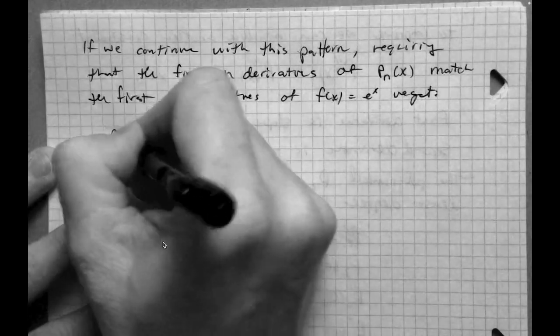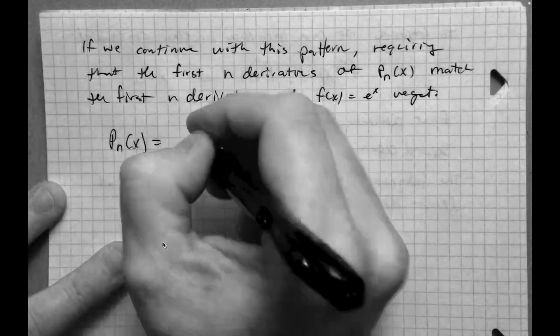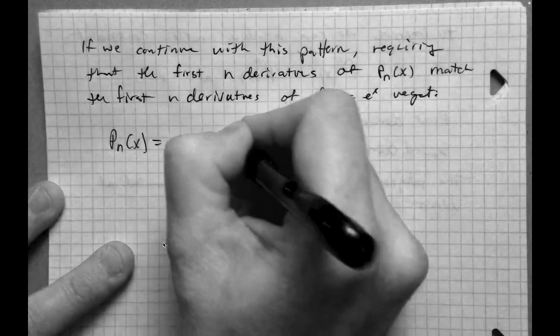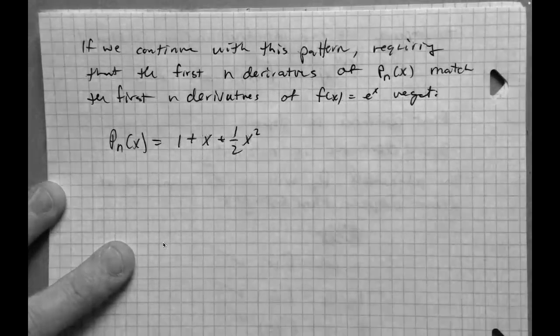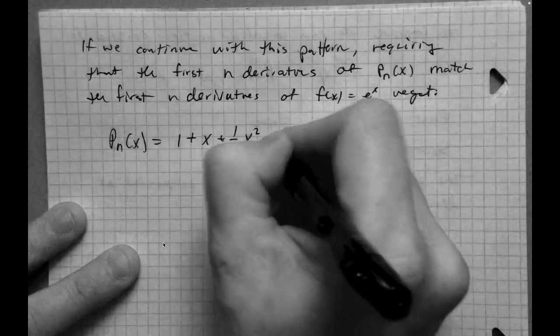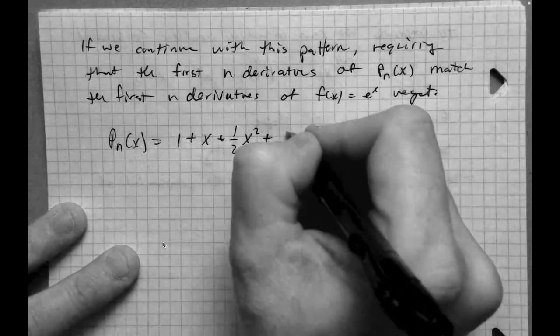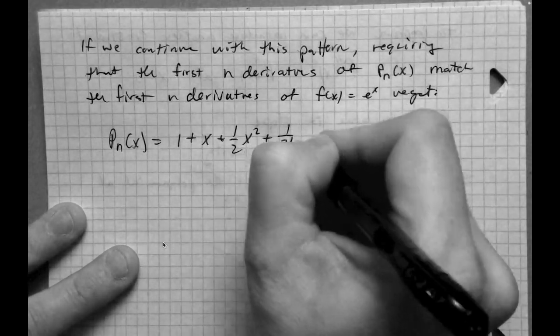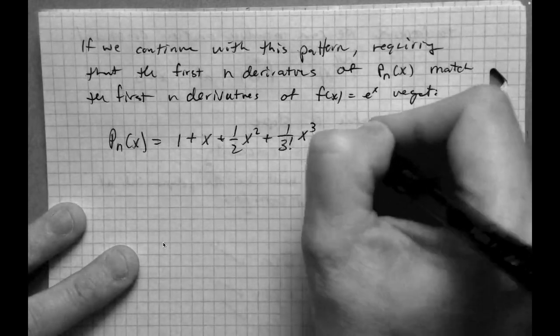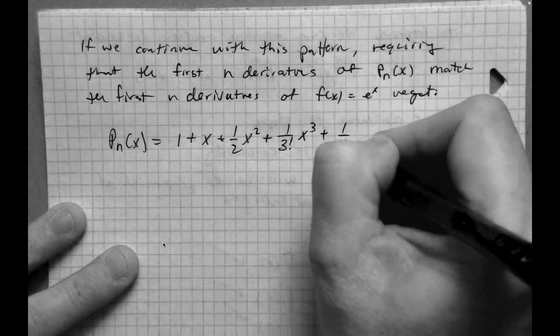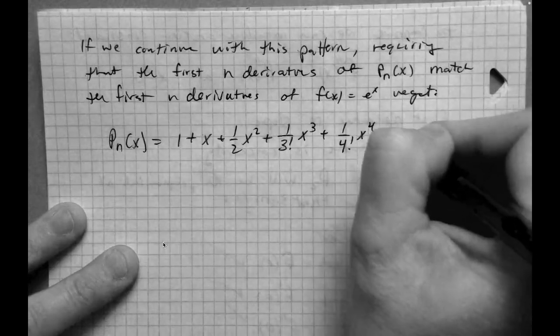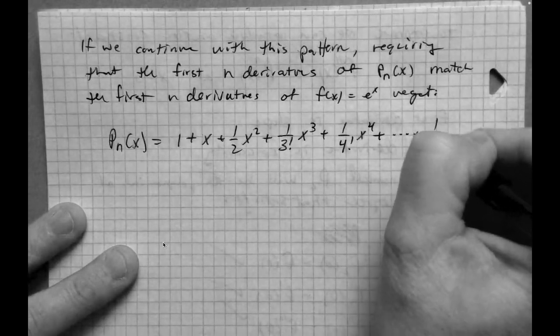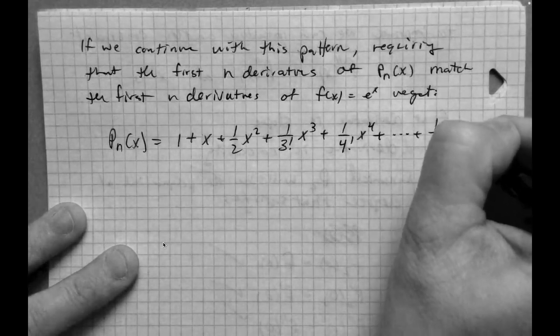We get Pn of x equals, again, there's our 1 plus x plus 1/2 x squared. That part we've seen. But then we could expand it even further to 1 over 3 factorial x cubed plus 1 over 4 factorial x to the 4th plus ... plus 1 over n factorial x to the n.